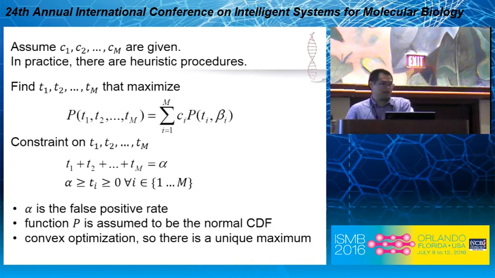So for example, you can have alpha equal to 5%. This function P we assume to be a normal CDF. So now you solve this optimization problem to get the Ti. There are many ways to solve this, but I will not go too much into the detail of this math.